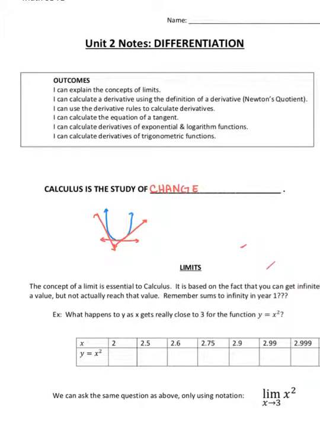Now, the first concept that you need to understand when it comes to learning about this branch of mathematics that has to do with change is a limit. We've actually talked about limits before when we talked about converging sequences. For example, converging geometric sequences, if we have 2.001, then 2.01, and then we would say that it converges to 2.